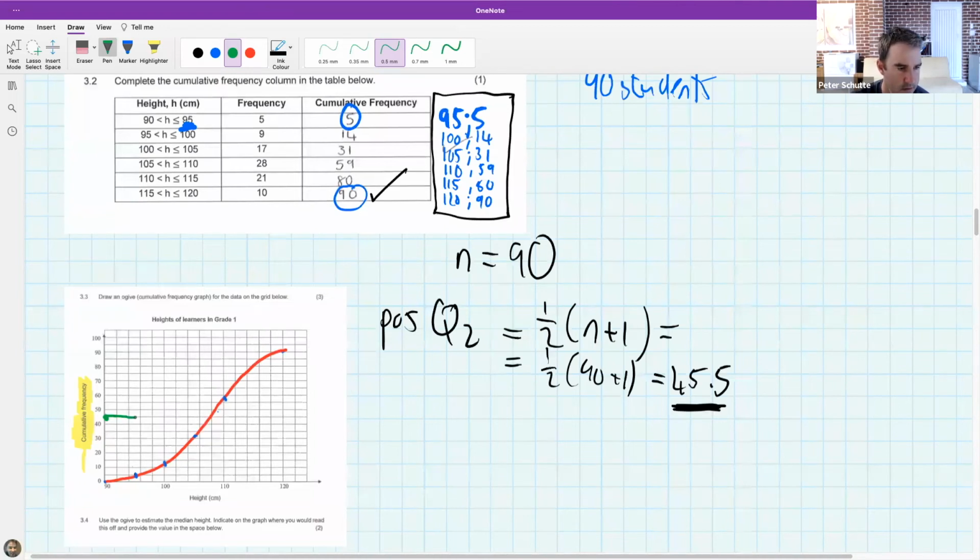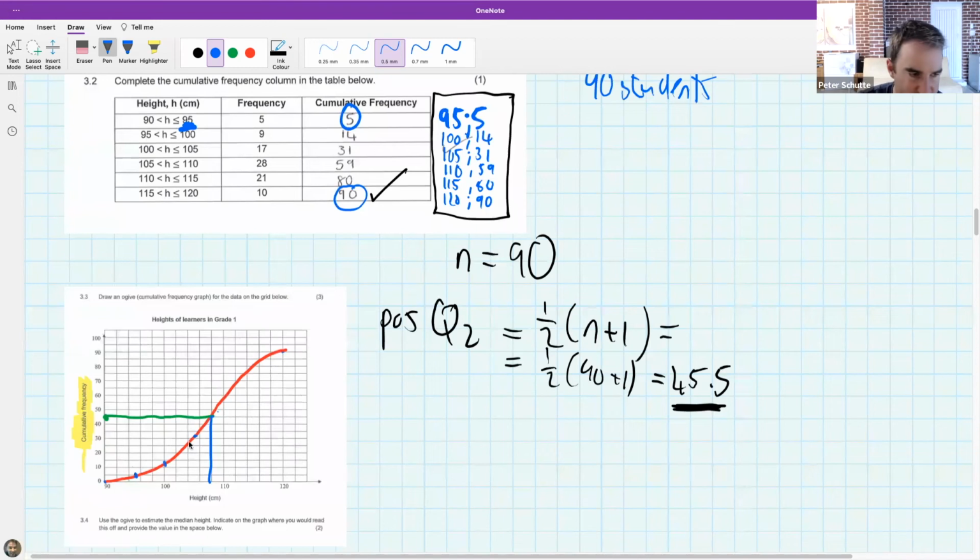Okay, so like I'm doing now, and what then? As soon as you touch the ogive, you're going to draw the line straight down to the scale on the bottom. Yeah, exactly that. Thank you, Quentin, that's exactly what I wanted to show there.